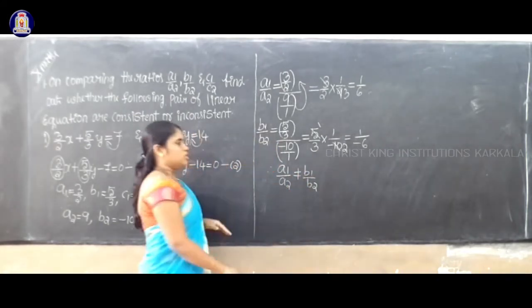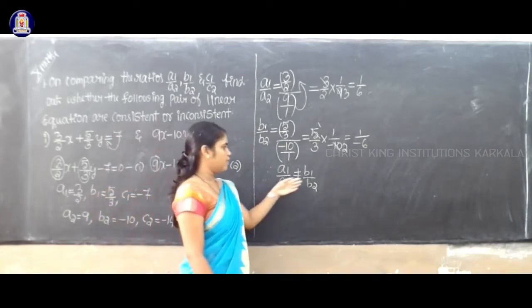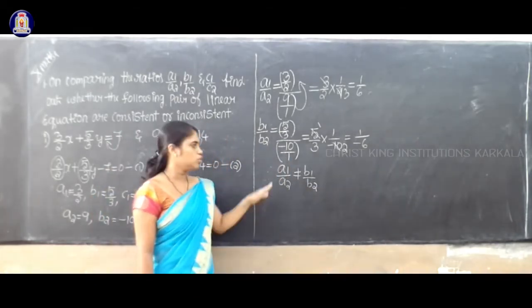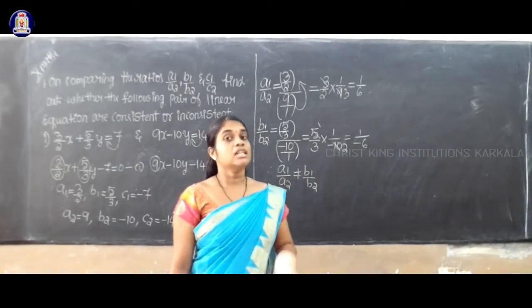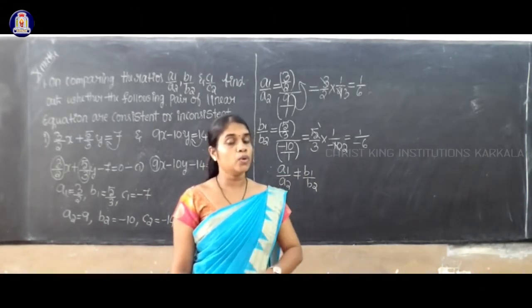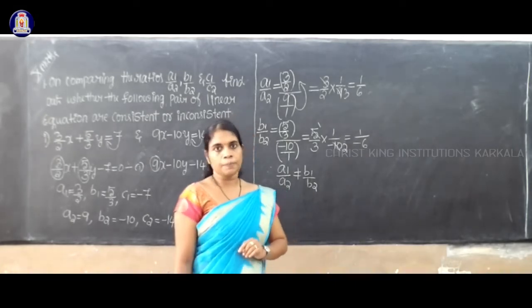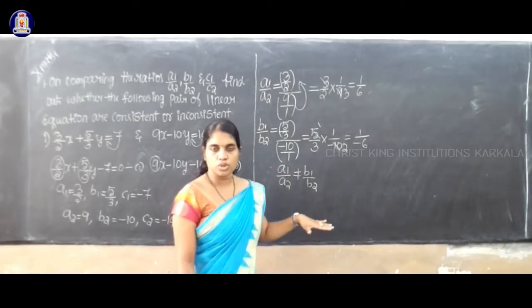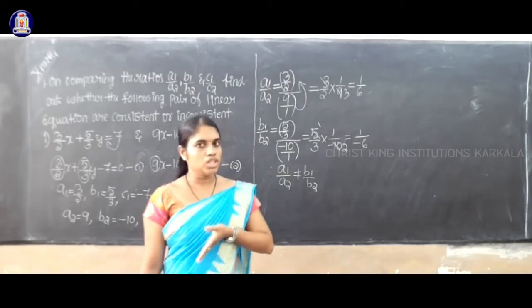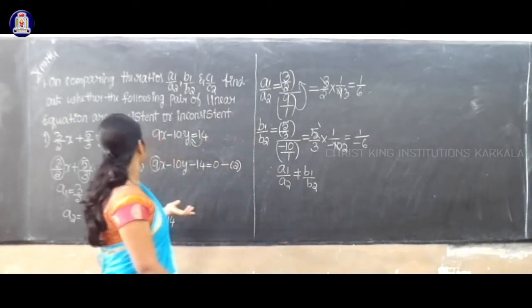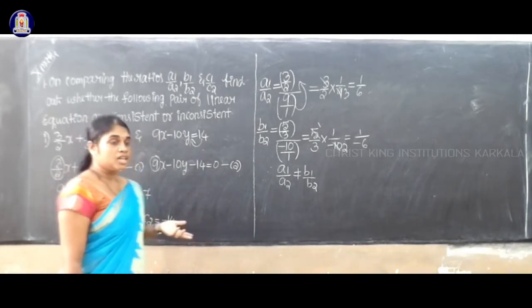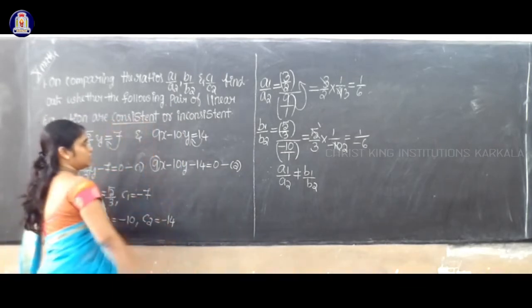Suppose your equations satisfy this condition, A1 by A2 is not equal to B1 by B2. Then the equations have a unique solution. If the equations have a unique solution, that means the equations are consistent.